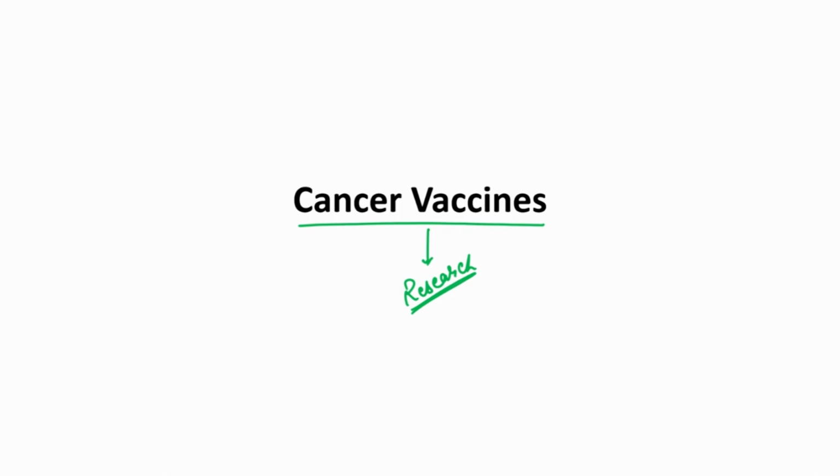Pretty much all of us probably know somebody who is either suffering from cancer or who has died because of cancer. And the way our society is going, the cancer incidence rates are increasing every year, and so it is very important that we are able to tackle this problem as quickly as possible.